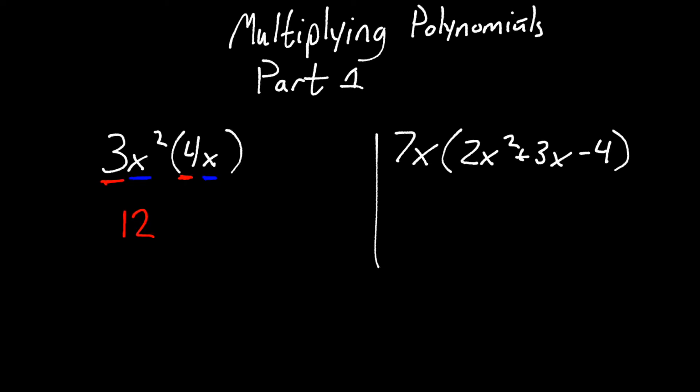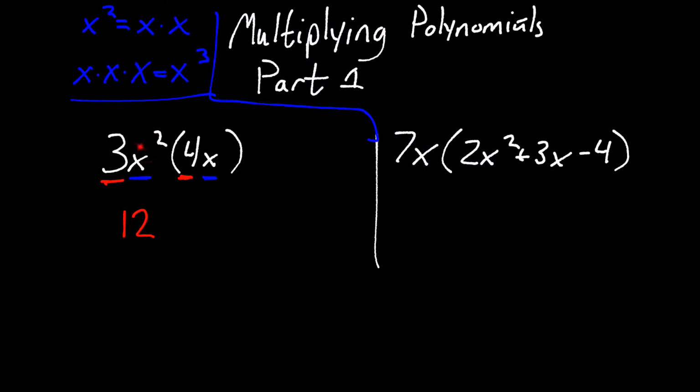And if we're not too good at remembering how to multiply variables, think of it this way. X squared, I'm going to do it up at the top here, x squared is x times x. And we're multiplying this by another x. Well, what is x times x times x? You're right, that is x to the third power.